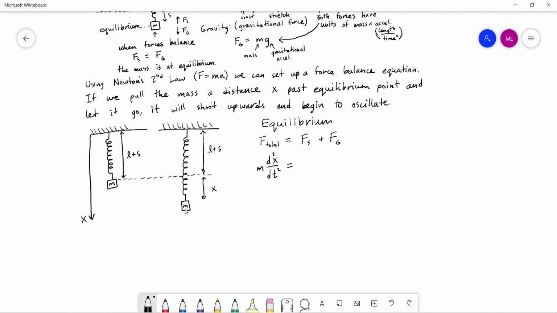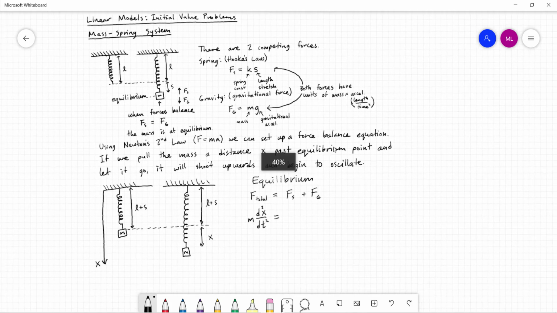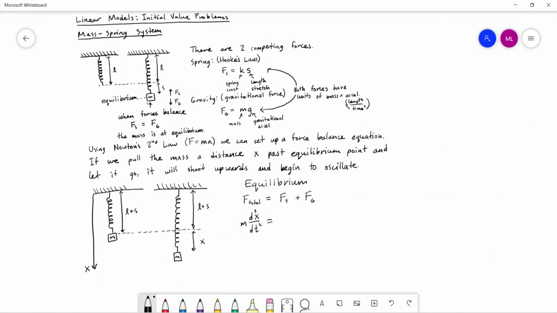At equilibrium, we know that these two forces are basically the same. So let's see if I can get this whole thing on the picture all at once. Okay, so again, we have the force of gravity pulling down, we have the restoring force of the spring pointing up, and these are the values of those two things.